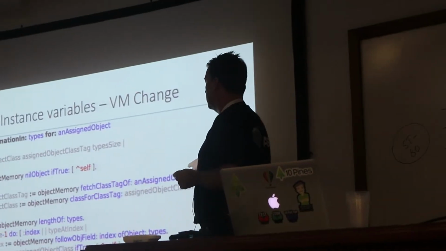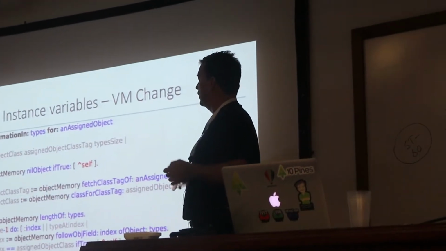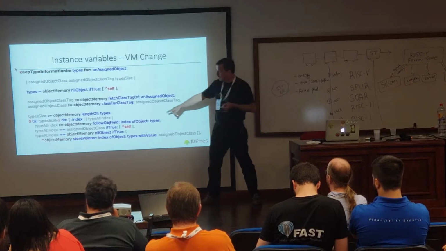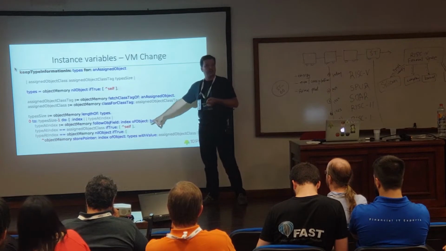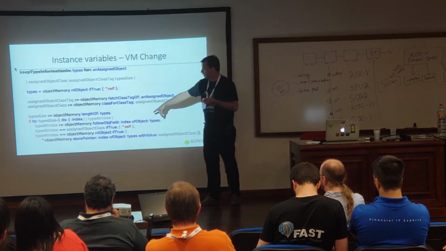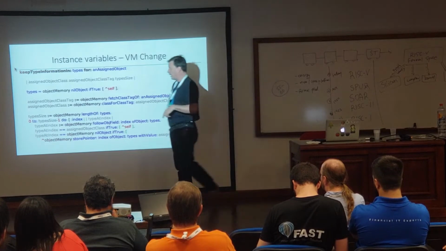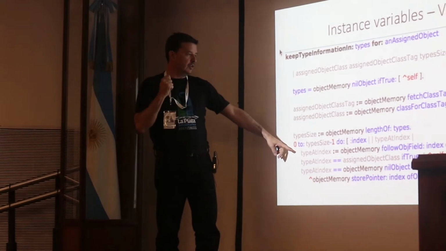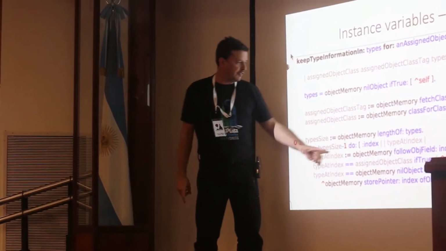And if it's not nil, it takes the class of the object that you're assigning to that instance variable and looks for a slot in that array to put that class. And this is very simple. It depends on the size of the array. It takes the element at the index of that array.